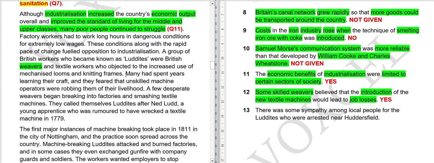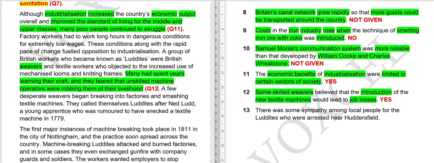What they believe: many had spent years learning their craft, and they feared, meaning they were afraid, that unskilled machine operators were robbing them of their livelihood. Robbing them of their livelihood, in simpler words, means depriving them of their jobs because of machines.